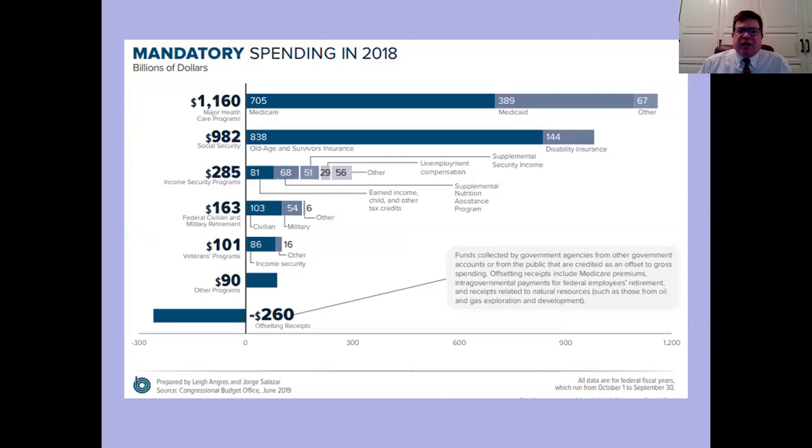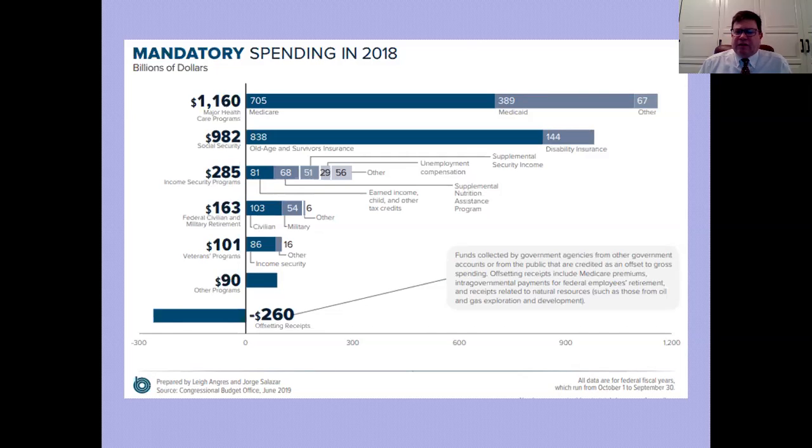Then we talk about other types of income security programs. For example, the Earned Income Tax Credit, which we'll talk a little bit about at a later time, essentially helps people that are poor by giving them money back for the amount that they earn.